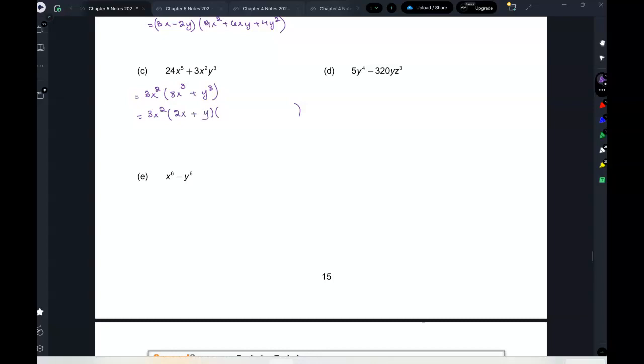Now, we still have a negative to use here. So next I do the square of the first one, 4x squared, minus multiply the 2xy, plus y squared. So once you do this, then it's square, multiply, square. Okay? All right.